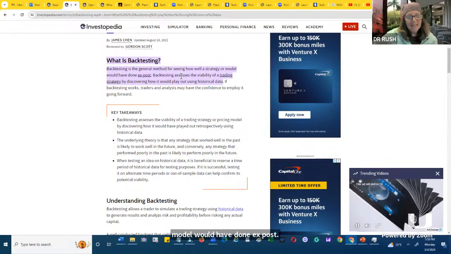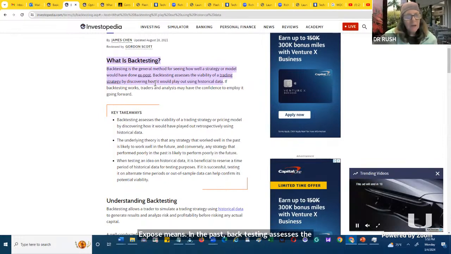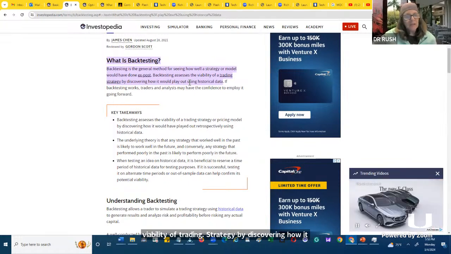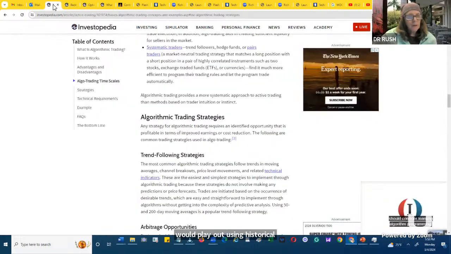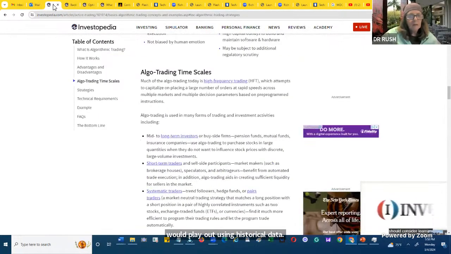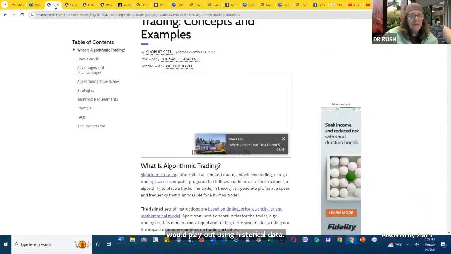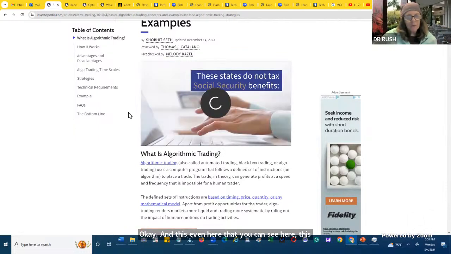Backtesting assesses the viability of a trading strategy by discovering how it would play out using historical data. And here you can see, this gives you examples.